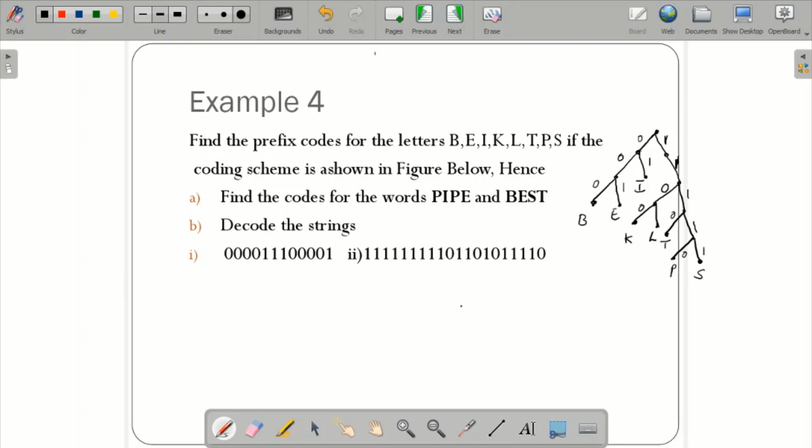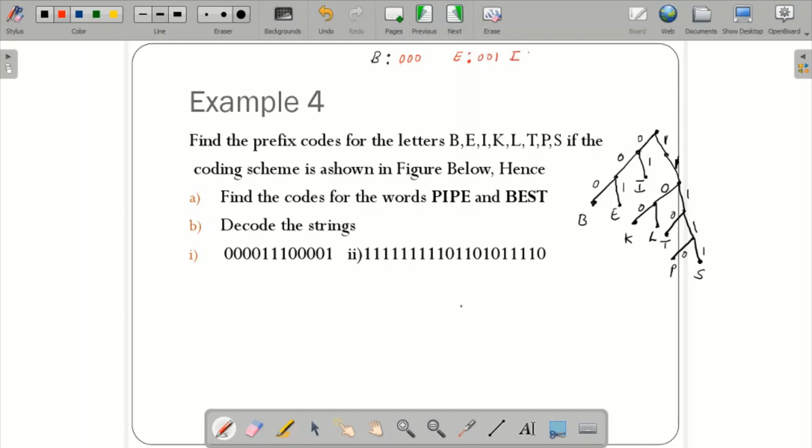So I'll just write over here. For B it is 3 zeros, you can just check over here. This is the leaf and that is the code for it. For E it is 001.